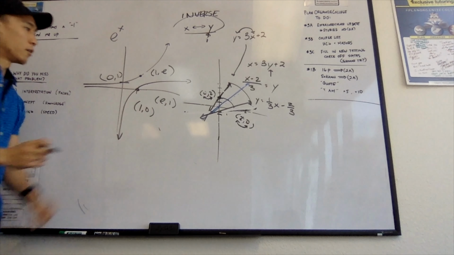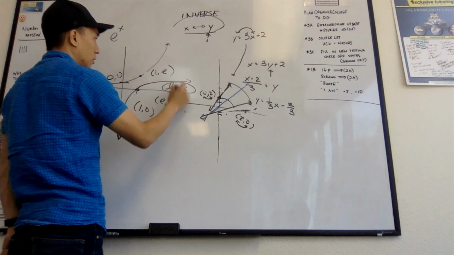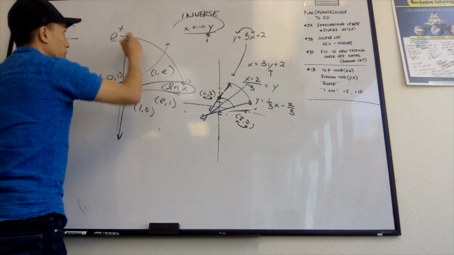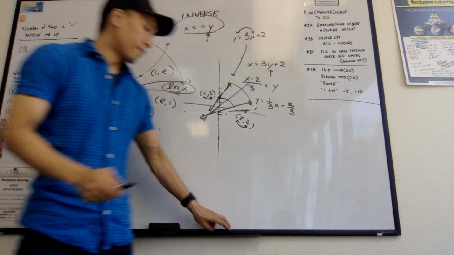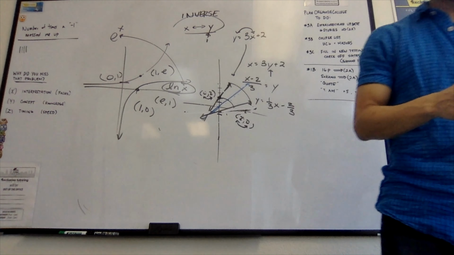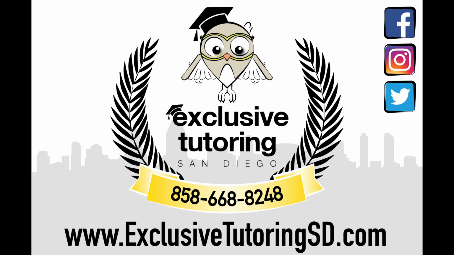That's my graph for ln of x, just because they are inverses of each other. At minimum, you have to have those 2 points labeled on there for me to see, for me to take it as correct. Okay?